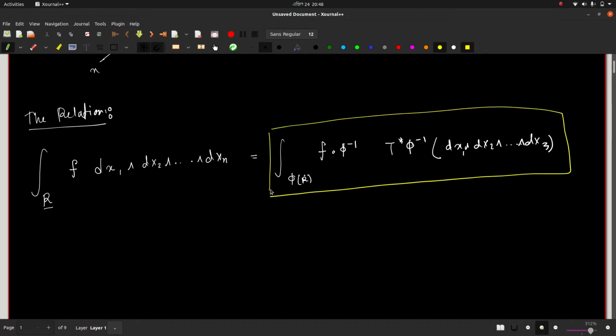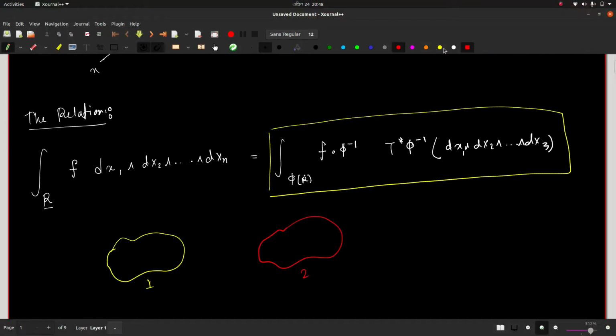Now, how does this come about? Well, the idea is as follows: let's say you have two copies of the same manifold. Let's say this is copy number 1 and this is copy number 2. They're the same manifold, and let's say this manifold is endowed with a coordinate system x^i, that means x1, x2, x3 and so on.